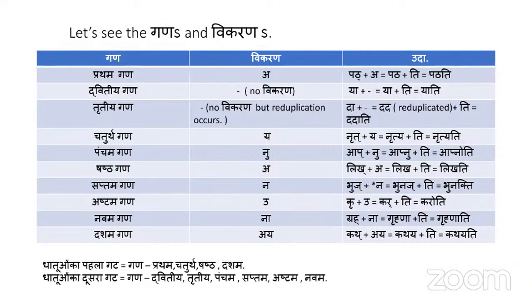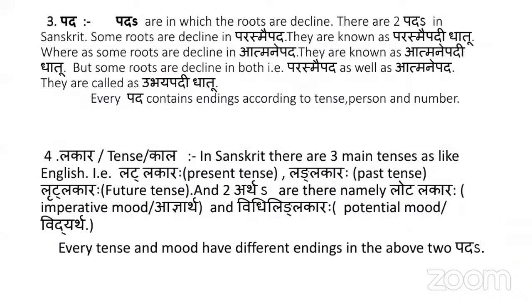Okay, now we will go for the next point, which is pada. Now see, padas are those in which the roots are declined. What is meant by pada? Pada means that in which the roots are declined.